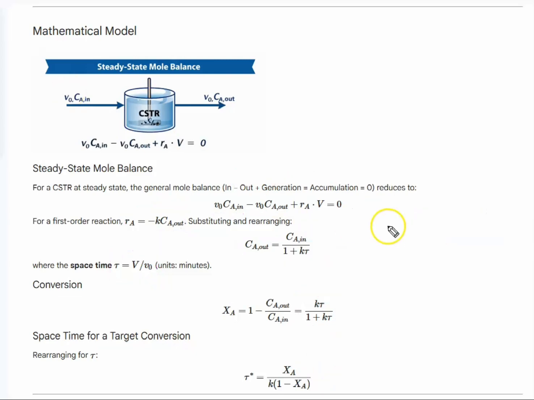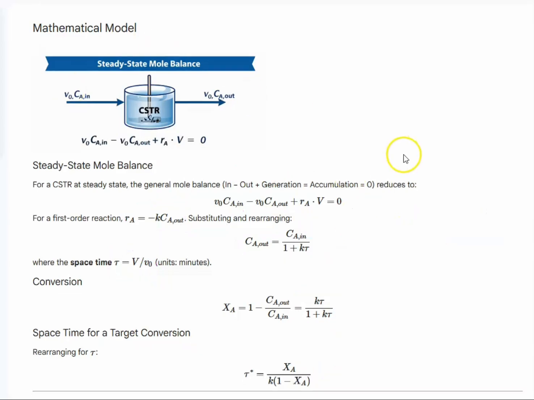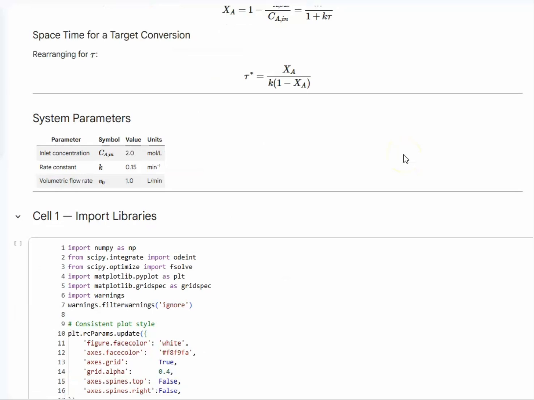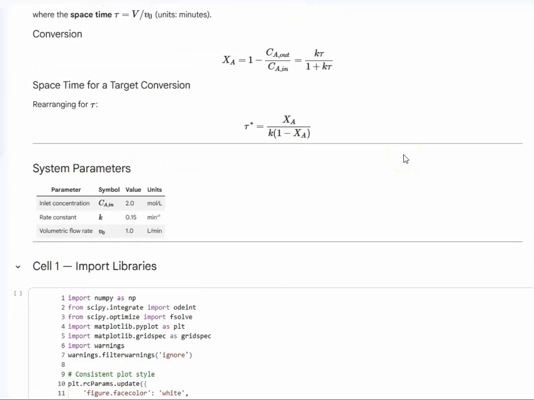Notice something important. Unlike the batch reactor, which had an exponential, the CSTR gives a rational function. Conversion rises steeply at first, then flattens. And you need more and more space time to squeeze out those last few percent. We'll see this clearly in the plot.